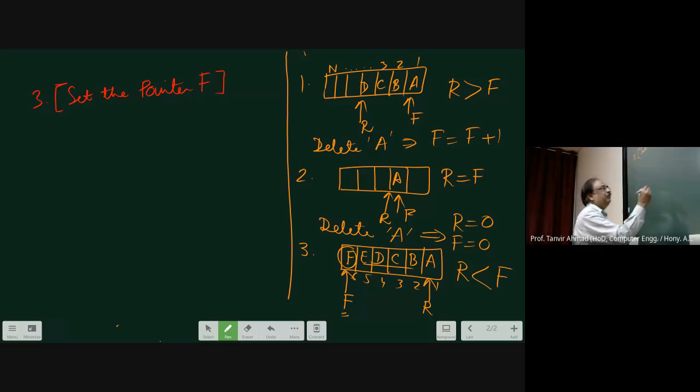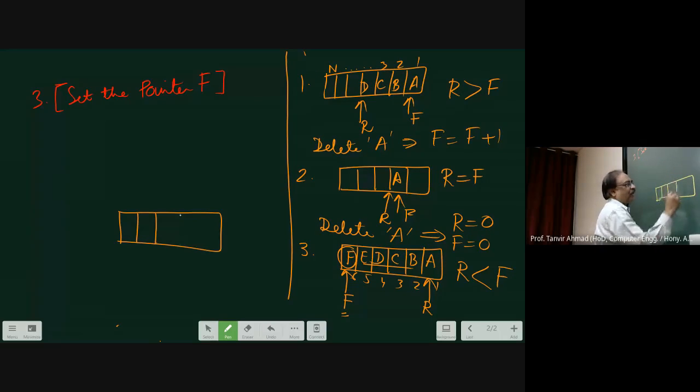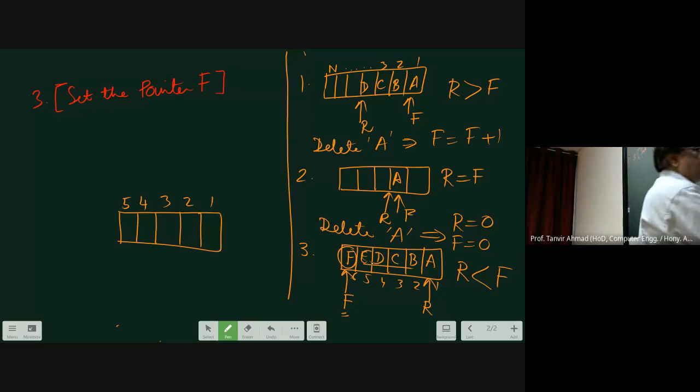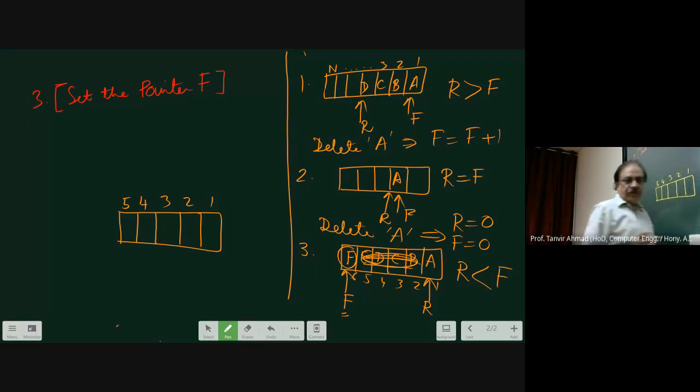Now let us try to make it clear. Now this one will show you why I said that this should not be there. These are wrong ones. Now let us try to say, I insert 5 times. Okay, A, B, C, D, and E. Now rear will come here and front will come here.